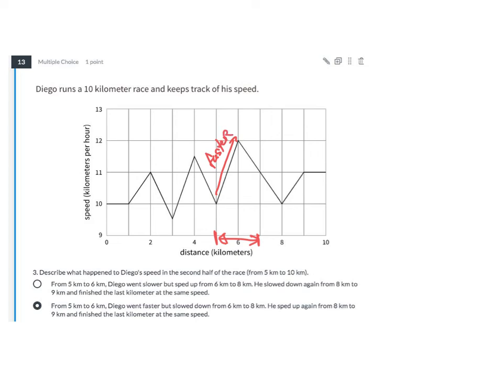He gets to the 6 kilometers, and then it's going down, so then it's going slower. So which one's going to go with it? From kilometer 5 to kilometer 6, Diego went faster but slowed down between kilometer 6 to kilometer 8. He sped up again, so faster. And then he finished the last kilometer at the same speed. This is same because it doesn't change. So it's going to be the second one for our answer.